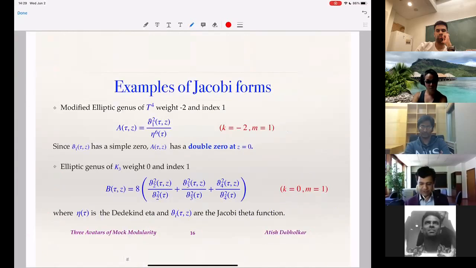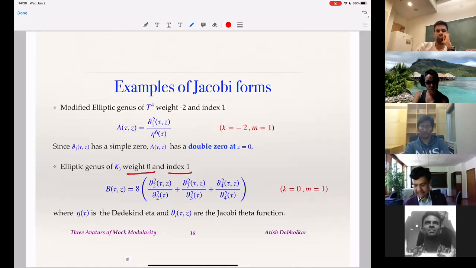There are two examples of the Jacobi forms which are quite important. One is the elliptic genus of K3, which should have weight 0 and index 1. And this you can compute, and it is given by this function. It is basically given in terms of the Jacobi theta functions. If you recall, theta 2, theta 3, theta 4 are the even theta functions, meaning they are even under z going to minus z. And because of that, it doesn't vanish at z equal to 0.